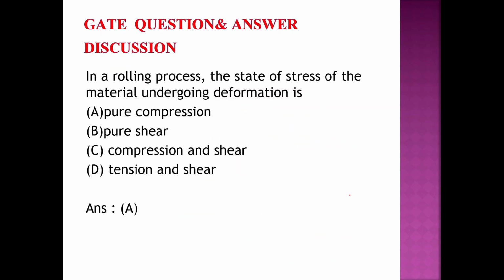The next question is: in the rolling process, the state of stress of the material undergoing deformation is pure compression, pure shear, compression and shear, or tension and shear. Normally the rolling process is just compression only.